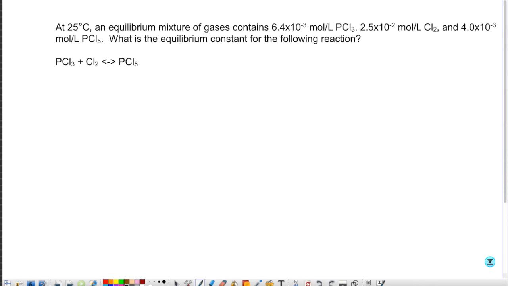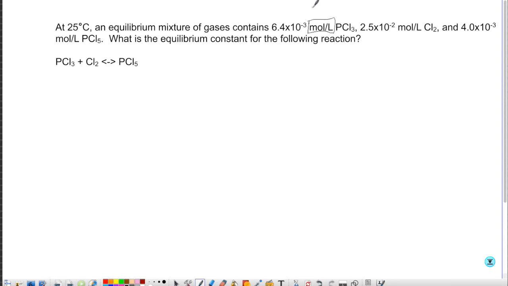Here's our first example problem. At 25 degrees Celsius, an equilibrium mixture of gases contains 6.4 times 10 to the minus 3 moles per liter PCl3, 2.5 times 10 to the minus 2 moles per liter Cl2, and 4.0 times 10 to the minus 3 moles per liter PCl5. What is the equilibrium constant for the following reaction? Okay, so the first thing I want to highlight here is these units.